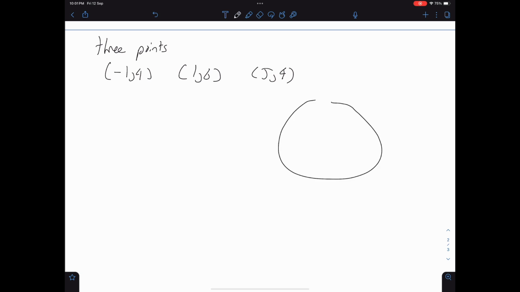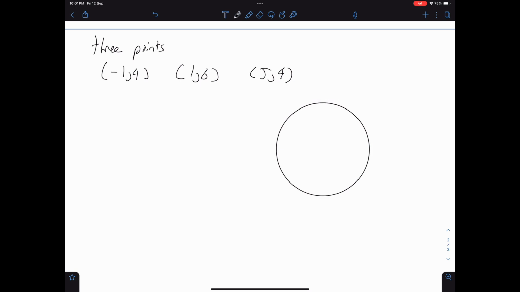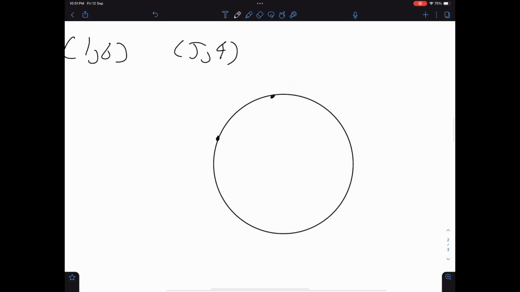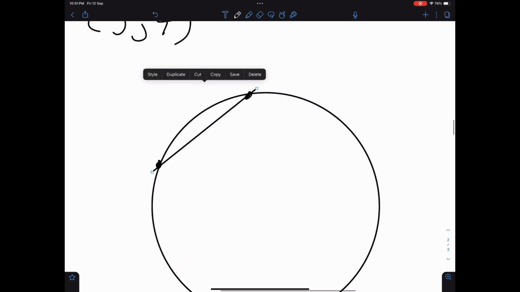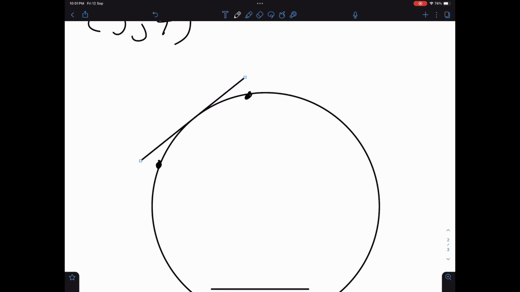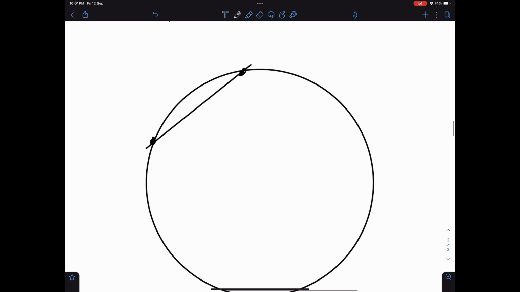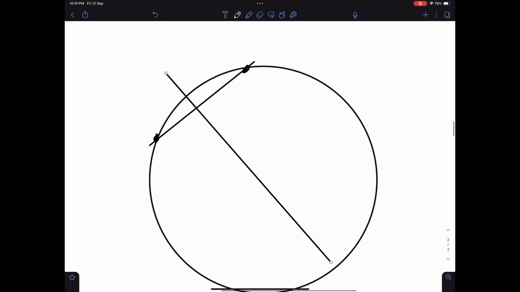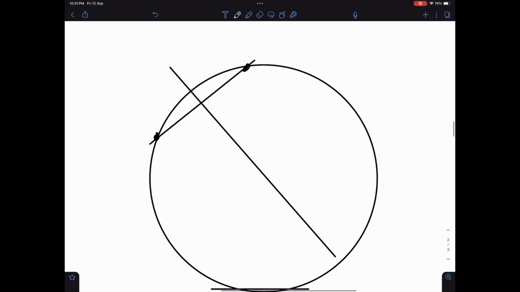Quick, shape did not fail me there. If you have 2 points and you draw a line through them, this is called a chord. And if you think of it, you could slide it along, which should make sense that its perpendicular bisector will pass through the centre.